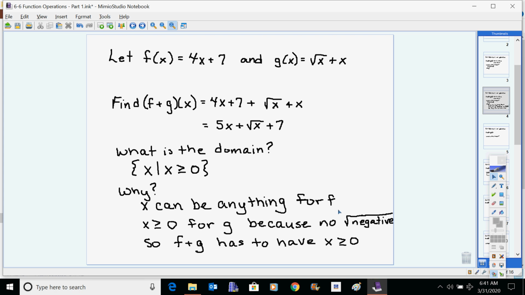X can be anything for f, the f function, and greater than or equal to 0 for the g function, because you can't take a square root of a negative, so f plus g has to have x being greater than or equal to 0. So if this wording helps you to be able to find the domain, then you need to go ahead and write this down for yourself so that you can remember where this came from.